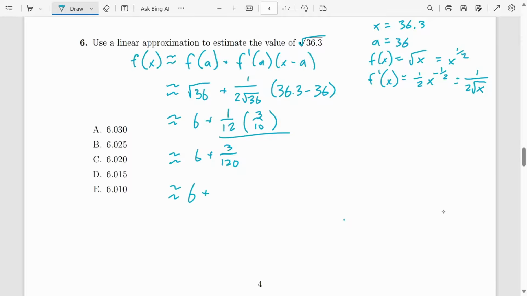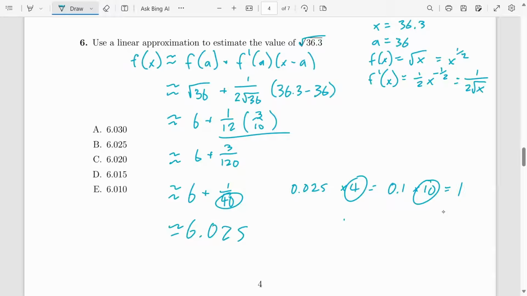This becomes 6 plus a 40th. Now a 40th, converting that to a decimal, I'm pretty sure is 0.025, because if you multiply this by 4, that equals 0.1, and that times 10 is 1. So it's 4 times 10 is 40. So this is the same as 6.025, our answer. So we've got answer choice B.